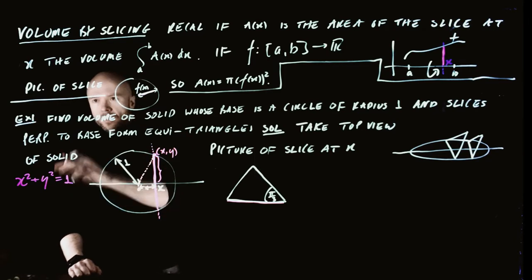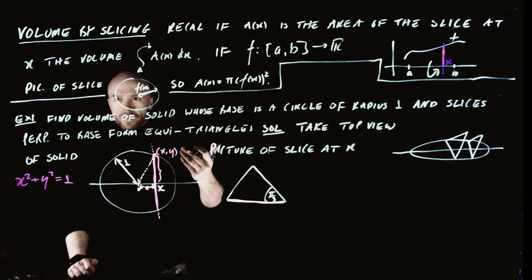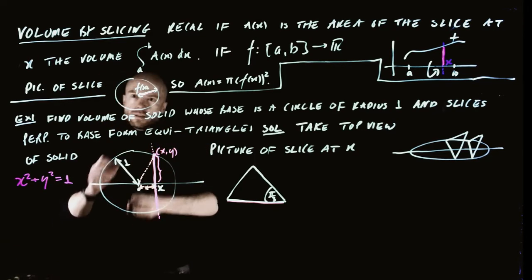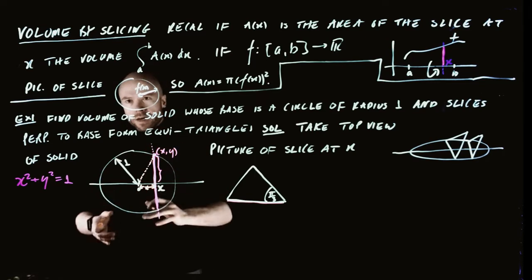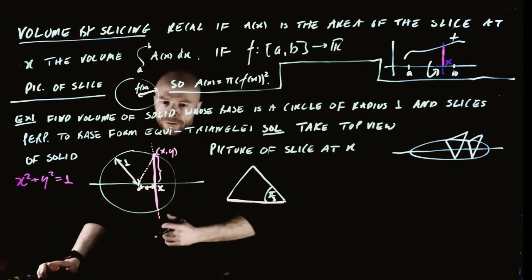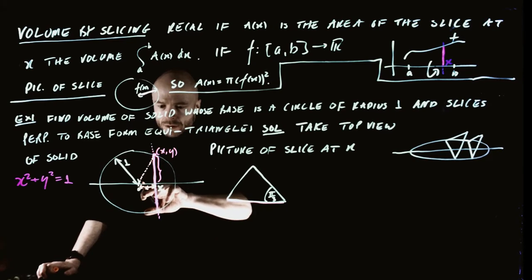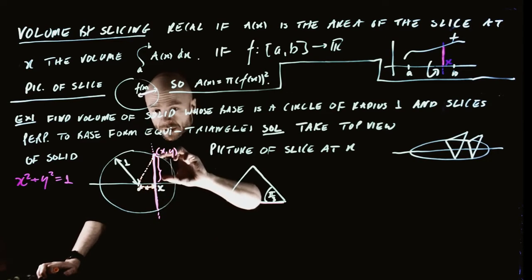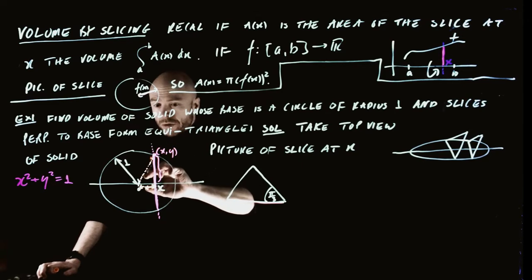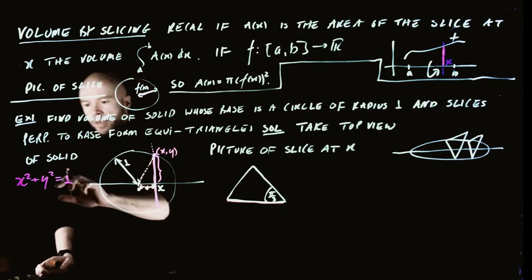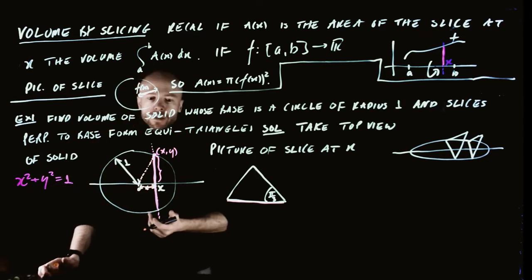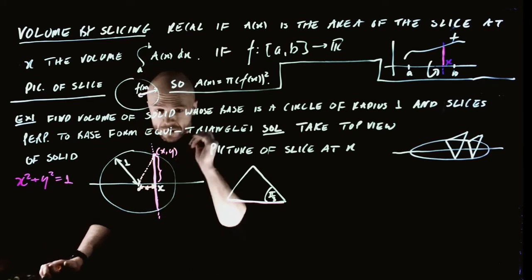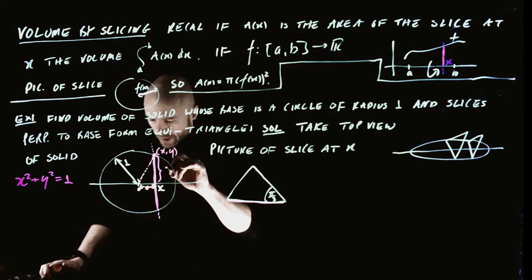The reason this is the equation of the circle is because of Pythagoras. So that's just doing things a little bit more by hand, but that's totally valid. Totally happy with that. So if we think about it this way, then this side here is x, this side here is y, the hypotenuse is 1, and therefore x squared plus y squared equals 1, and we're the same thing. And what we really want is what y is, because y is this length here.